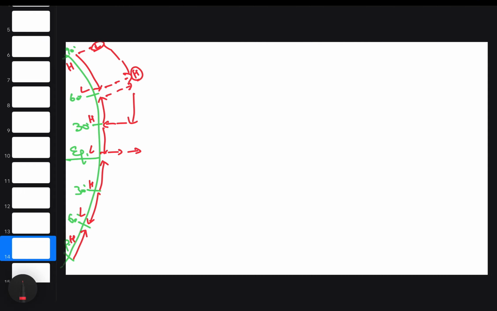At low pressure, it will rise, then it will sink, creating high pressure.